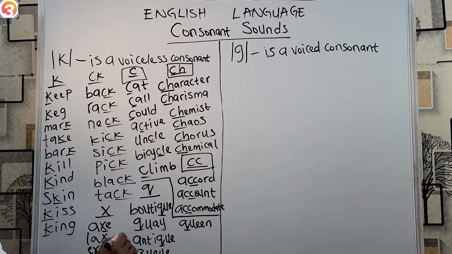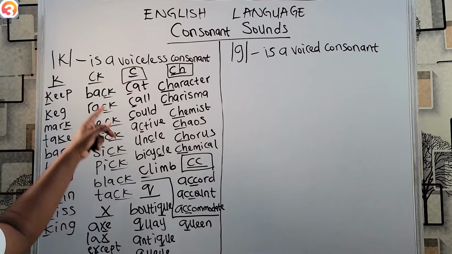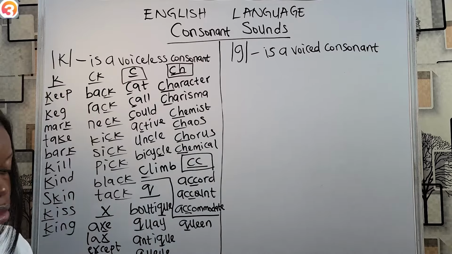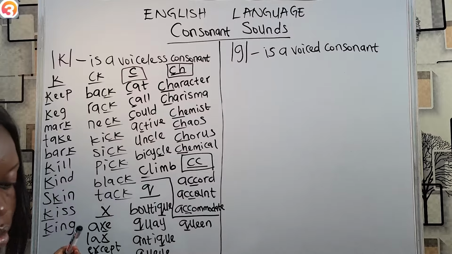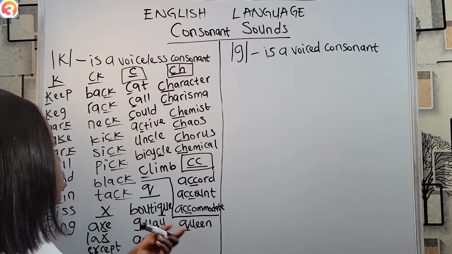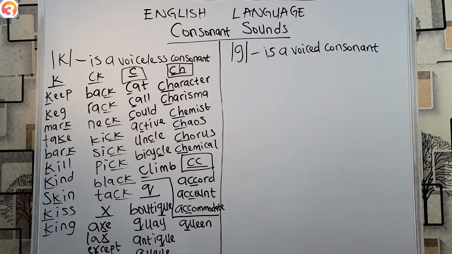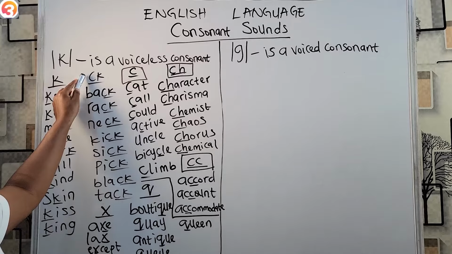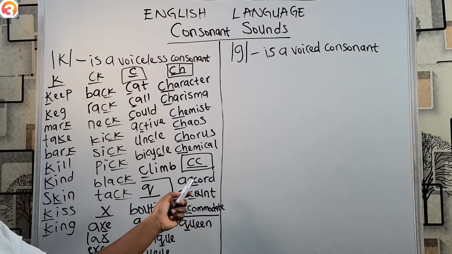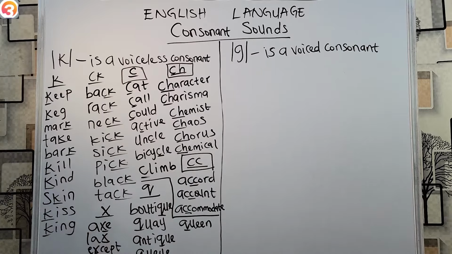The X in these words produces the K sound. Other words, we have six, expect, exposure. So our consonant K can be found in words containing letter K, letters CK, C, CH, CC, Q, and X.